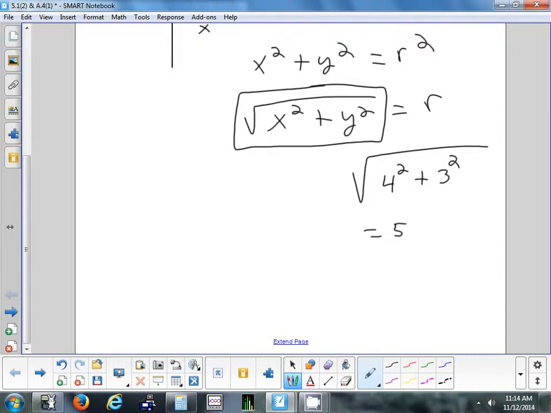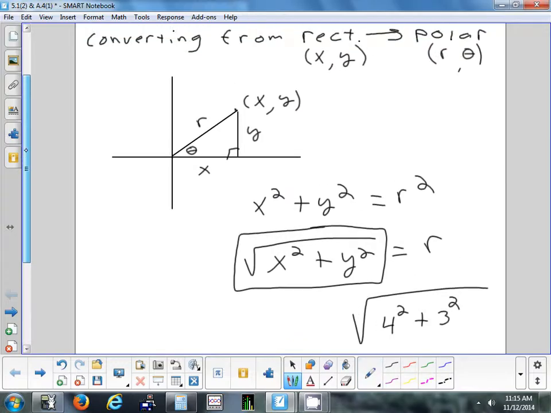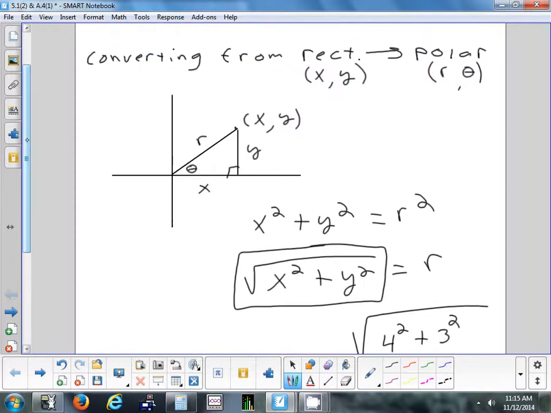If we cancel the squares, you'd get 4 plus 3. Did it come out the same? No. So you can't cancel those exponents. There's an example that shows you it doesn't work. So you have to do that out. So there's your radius.